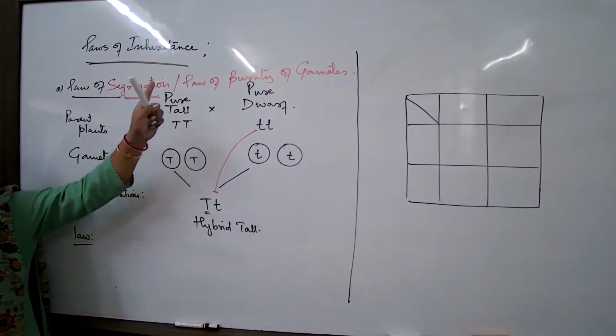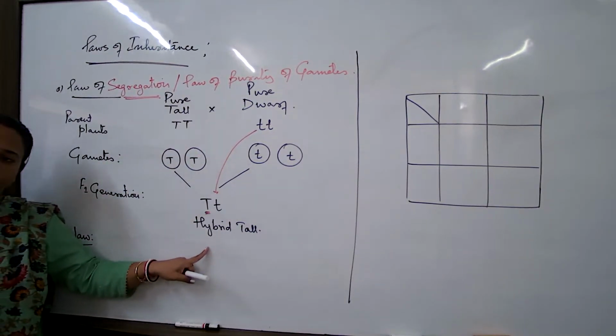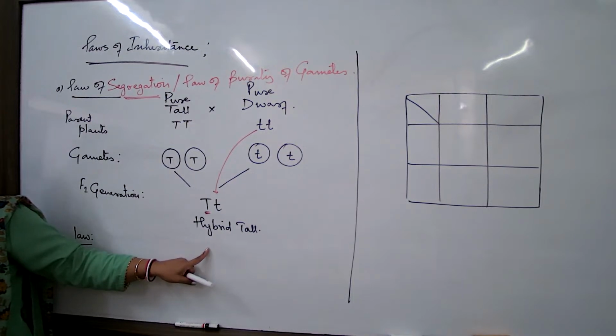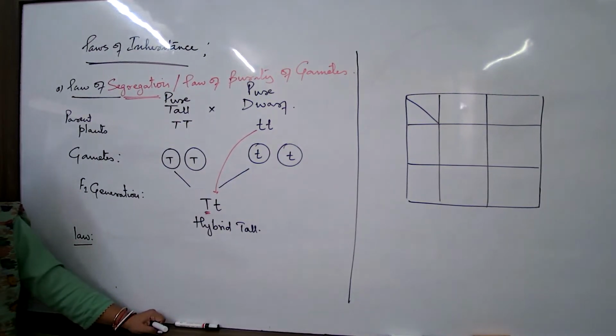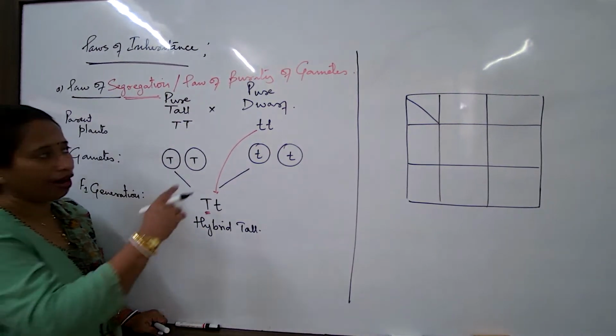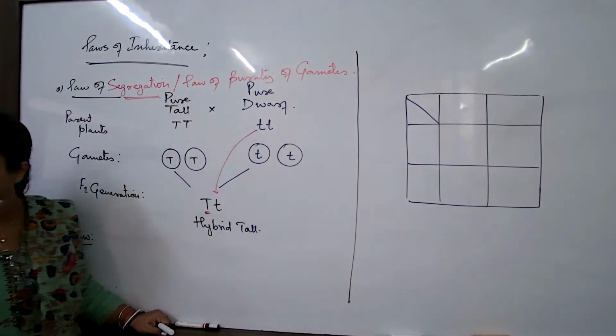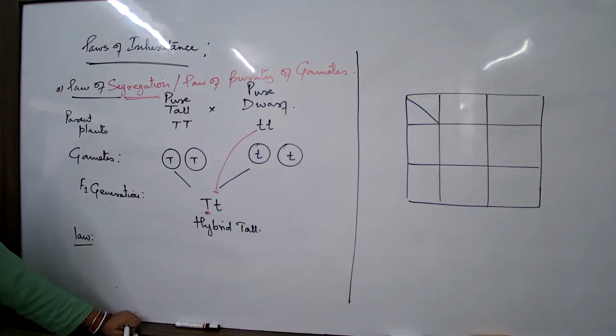If it is round and wrinkled, all plants are round. The wrinkledness is not shown in any of the plants. So that was his confusion at that time, and he was every time asking himself what is happening to this dwarf allele? What is happening to the wrinkled allele? What is happening to the constricted allele? Why are they not getting expressed?